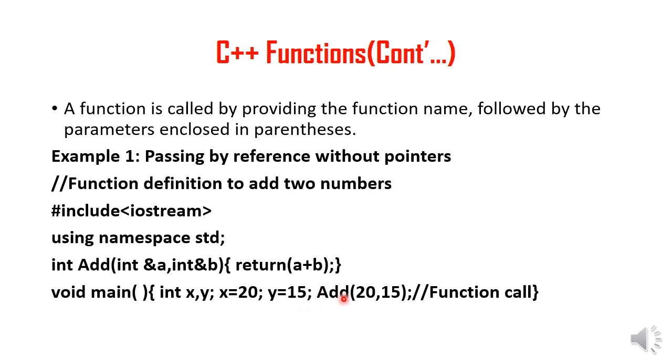Our function is called add, then parentheses, and here we give the values that our function will use. As we have created our function by using references, the reference a and the reference b, here we give immediately the values so that the function uses these two values to calculate the sum of two numbers.